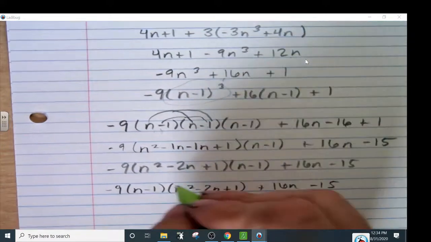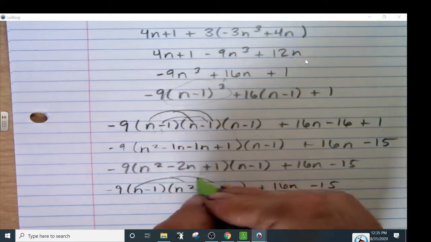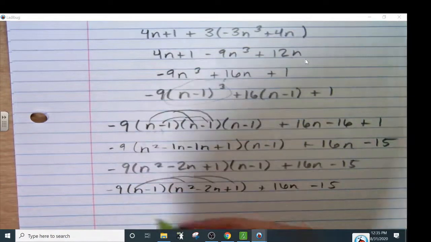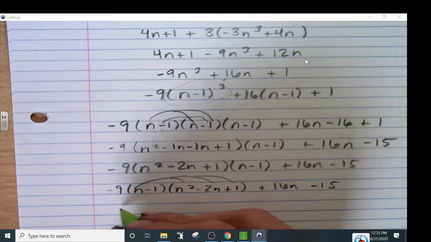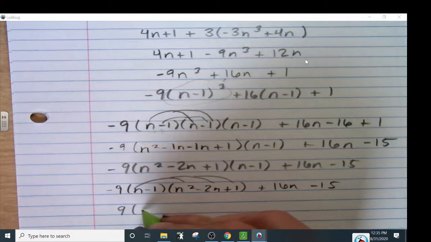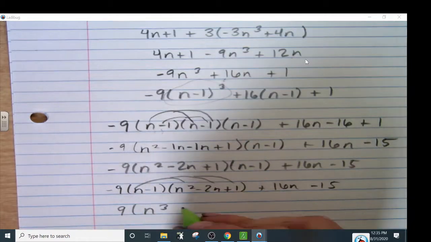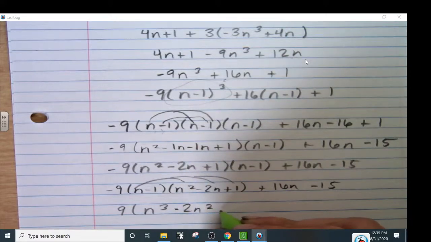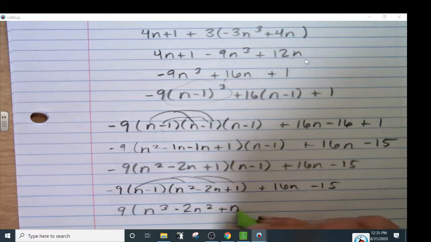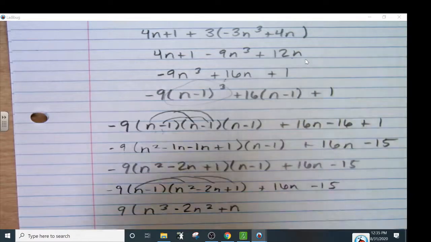All right, so if I distribute this, that's going to be n cubed minus 2n squared plus n. All right, so I distributed that, got n cubed minus 2n squared plus 1n.